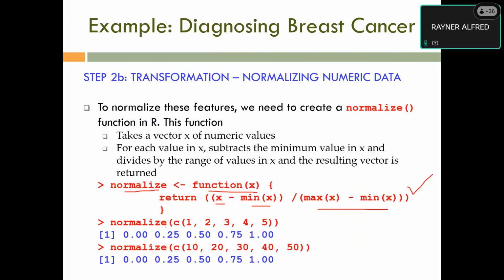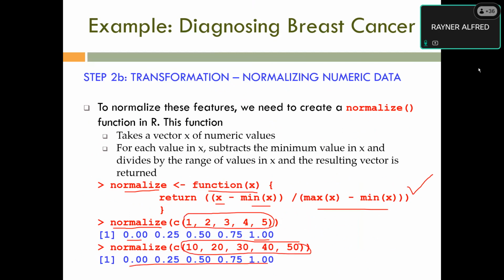So if we try to use this normalized function using this value that we have, the range of value will be 0 and 1. Okay, similar to this, it will give you the same range also.